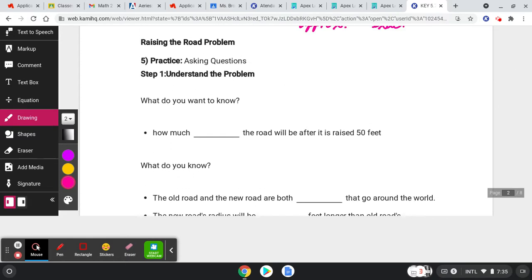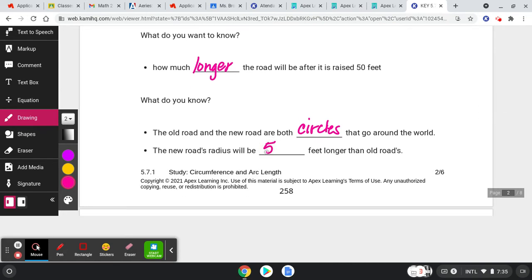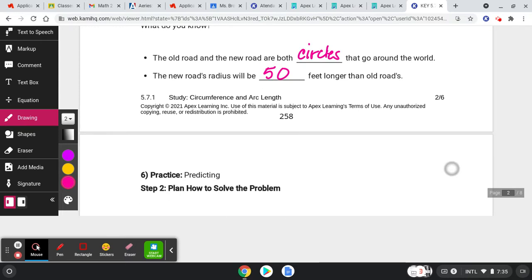All right, now we're going to do a quick word problem. We're going to try to figure out how much longer the road will be after it's raised 50 feet. So the old road and the new road are both circles that go around the world. The new road's radius will be 50 feet longer than the old road's radius.